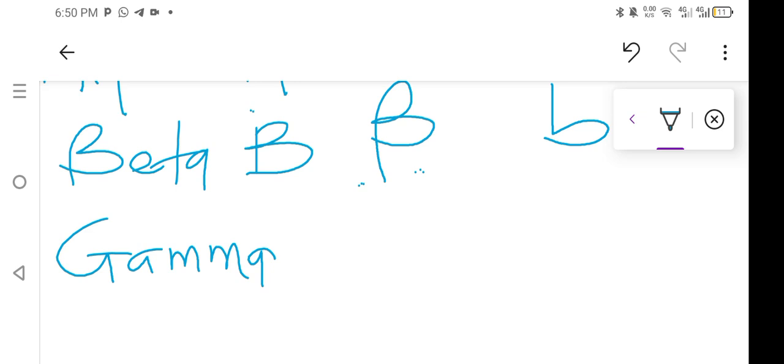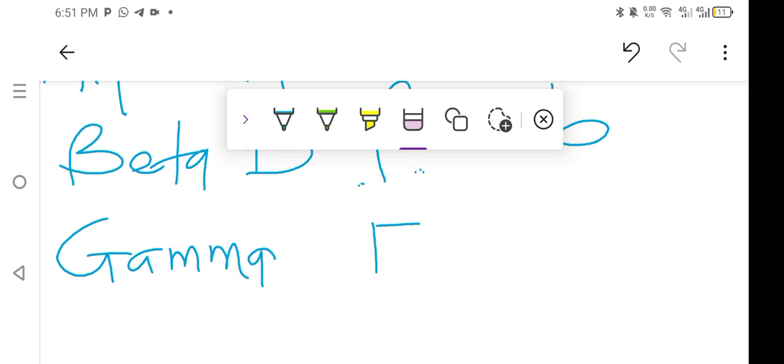So for the uppercase, the capital letter for gamma, think of writing a 7 that is upside down. Or better yet, think of writing an F. If you were writing an F, you would just add that bar. So think of the first curve without this, okay?